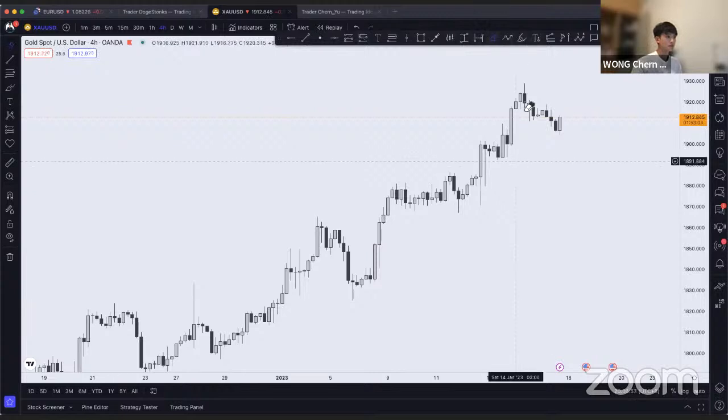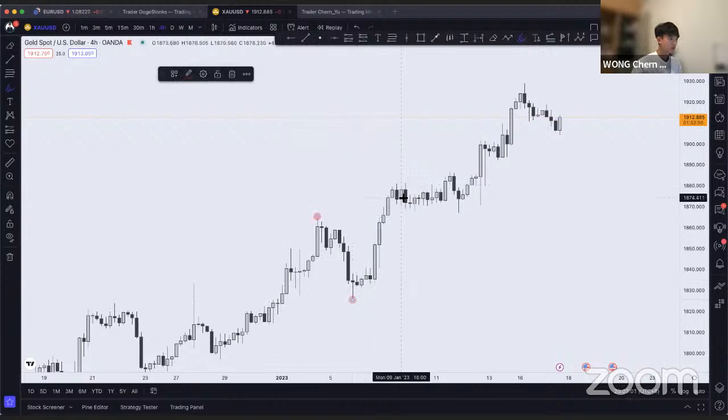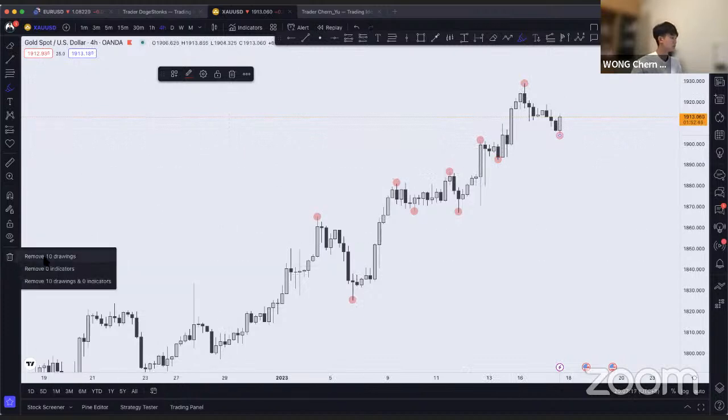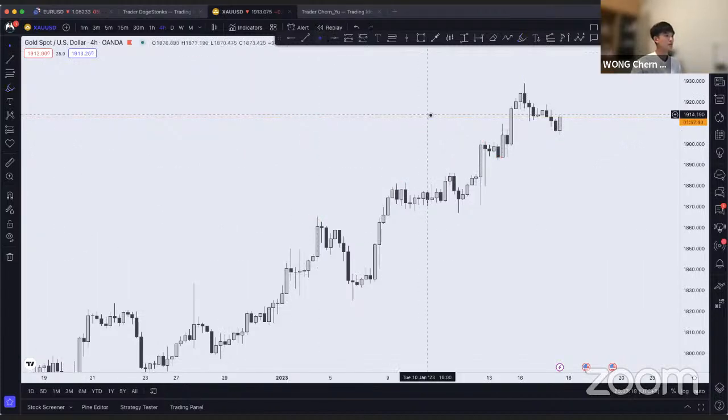We can see a high here, a low here, a high, a low, a higher high, a higher low, and a higher high and a higher low. So we can really see the very strong bullish momentum coming in on gold.